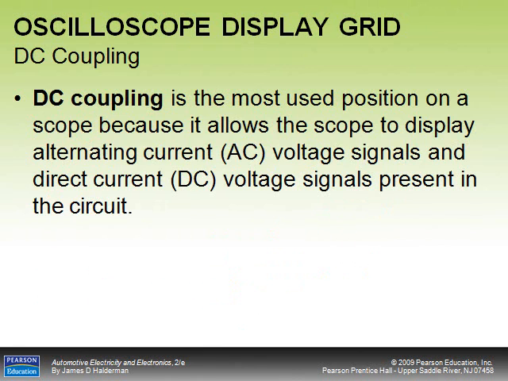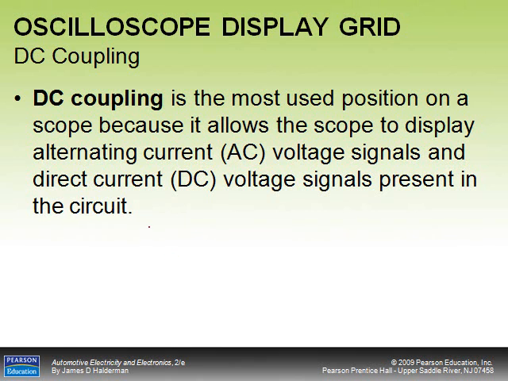Two things we're going to talk about now are AC and DC coupling. Now, DC coupling, the most used position on the scope, allows you to see AC and DC signals present in the circuit. Imagine you've got an automotive battery and an alternator. We know the alternator can produce some amounts of alternating current, although it should be rectified into DC current.